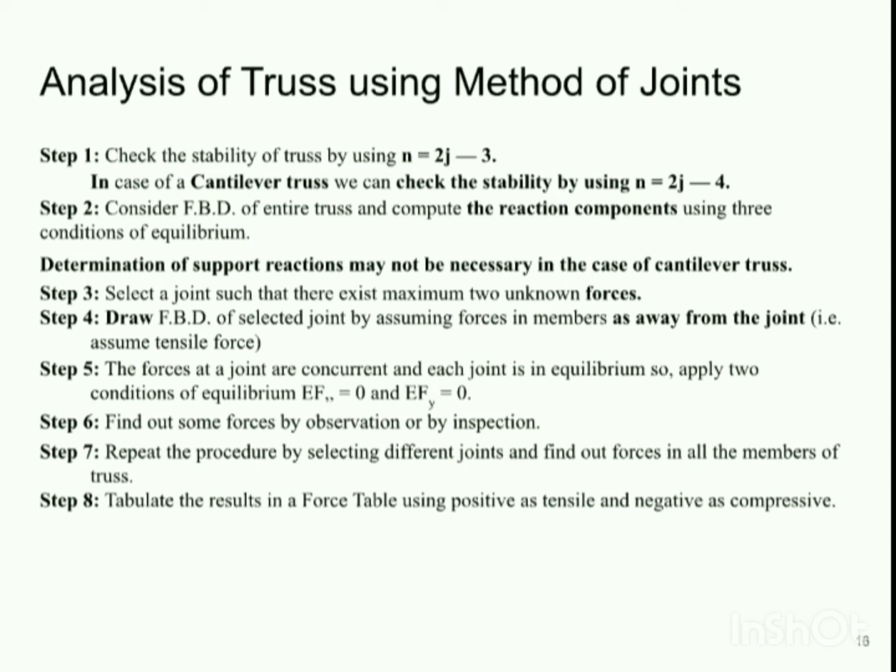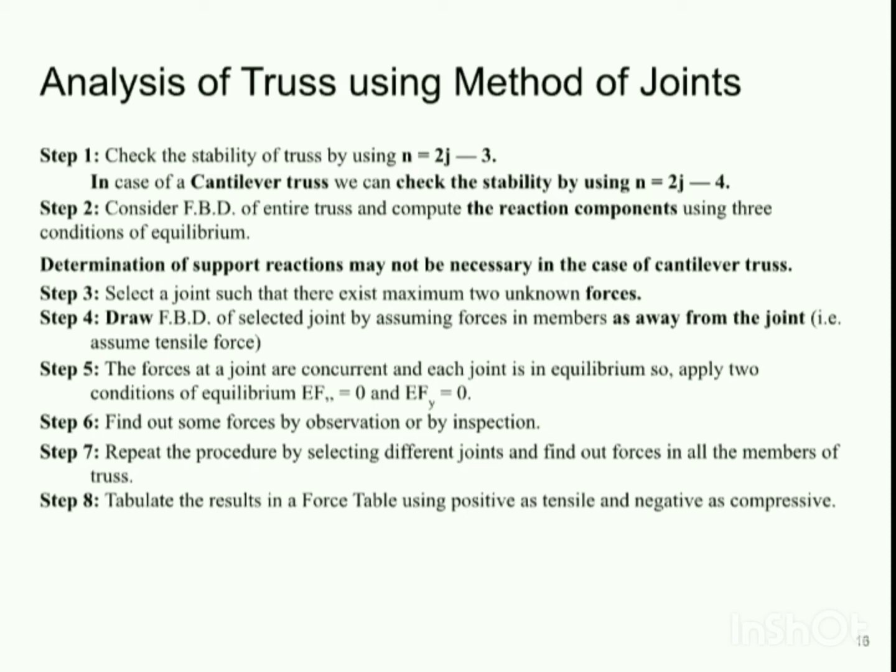Next step, the forces at a joint are concurrent and each joint is in equilibrium, so we can apply conditions of equilibrium, that is summation Fx equal to 0 and summation Fy equal to 0. As we have discussed earlier, only 3 conditions are applicable to the truss, but once we are analyzing a joint, we have only 2 conditions, that is summation Fx and summation Fy.